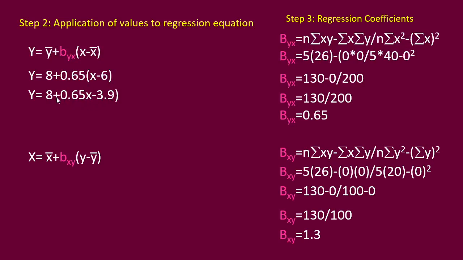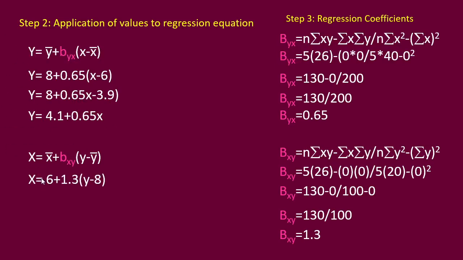So now we have two numbers. So plus 8 and minus 3.9. So we can simplify these two things. So y equals 8 minus 3.9 it's 4.1 plus 0.65x as it is.